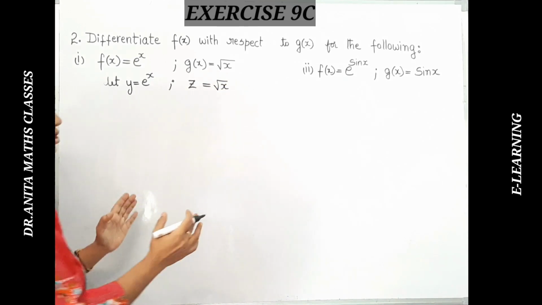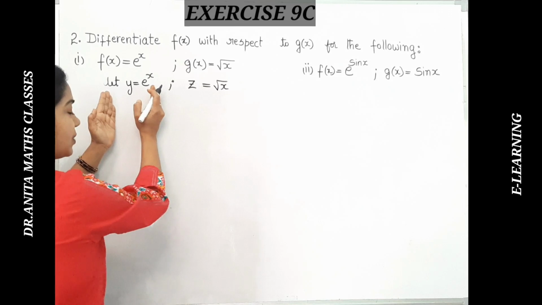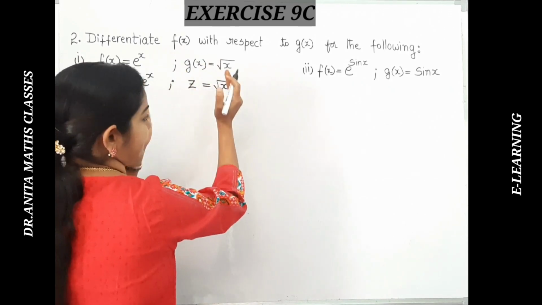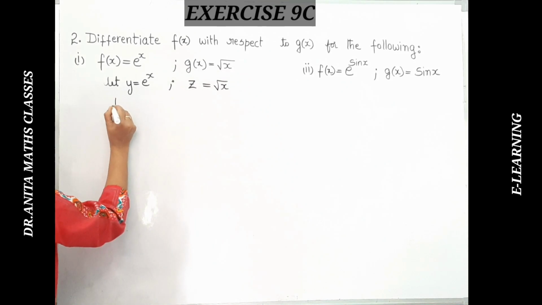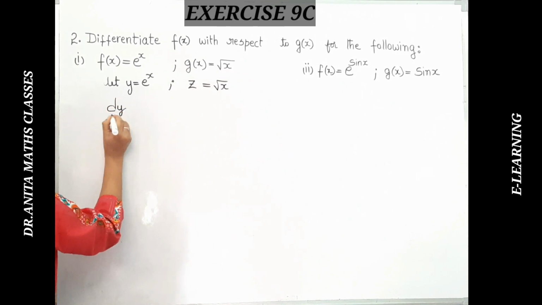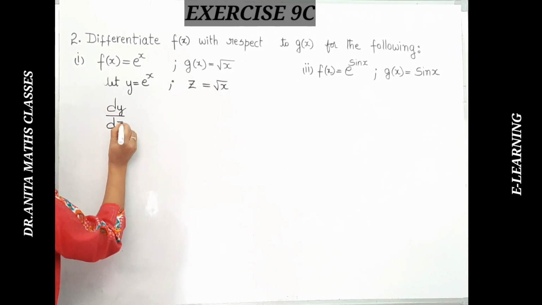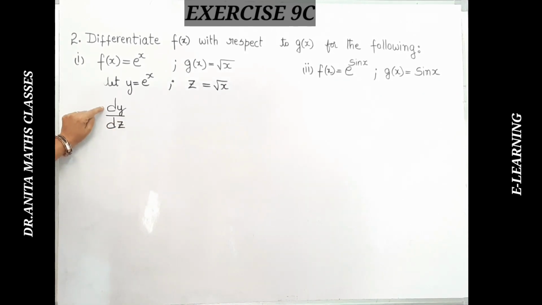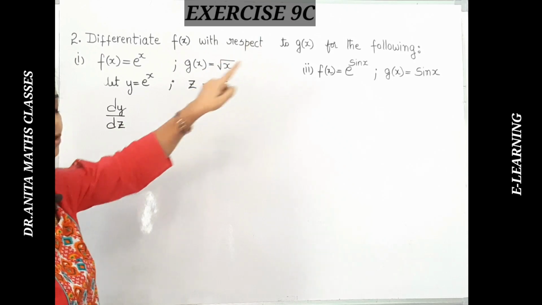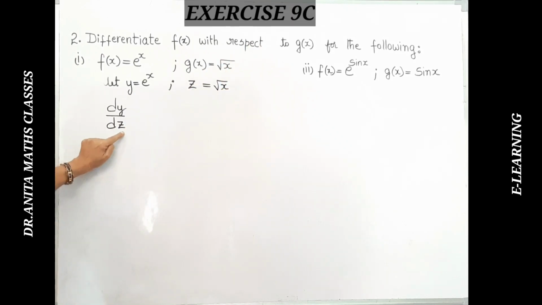We need to differentiate the first function with respect to the second function. That is the question asked. So that means we have to get dy by dz. Differentiating the first function, that is f of x, with respect to g of x, that's why I have written dz here.